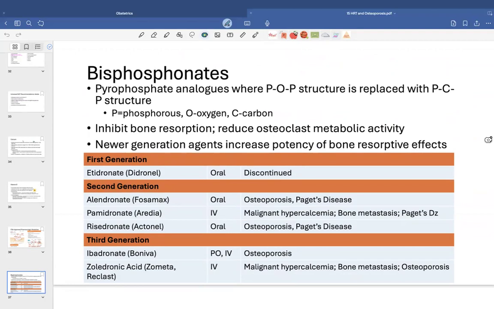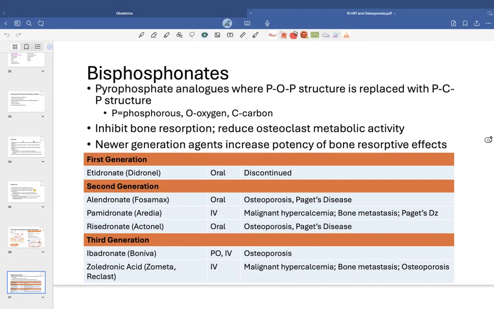These are anti-resorptive, so they reduce the activity of osteoclasts. And basically, they fall in one of three generations. The first generation, which really is of historical interest, we don't use anymore. The second generation agents include a couple of familiar drugs, alendronate, Fosamax, and risedronate, Actonel.